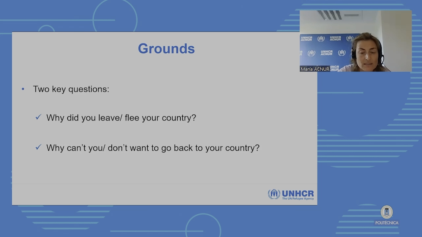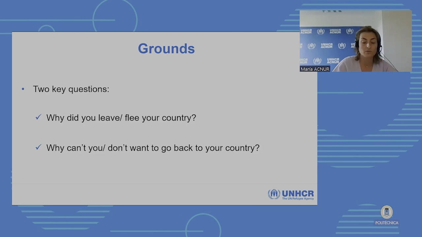What we face in a context of sea arrivals in Spain is that the legal framework establishes that if you arrive in an irregular way to Spain, a procedure to expel you, return you or reject you can be started.